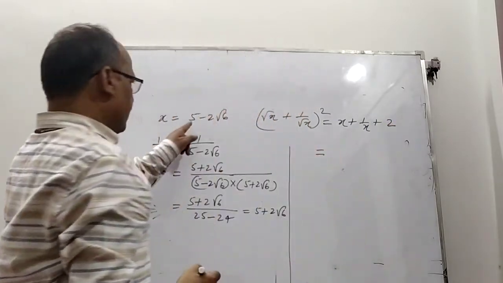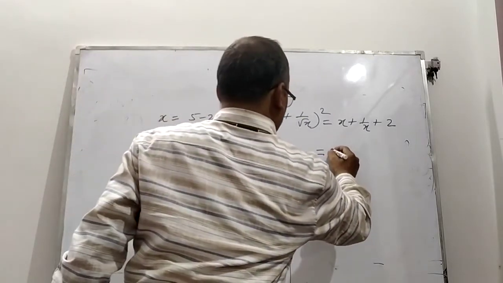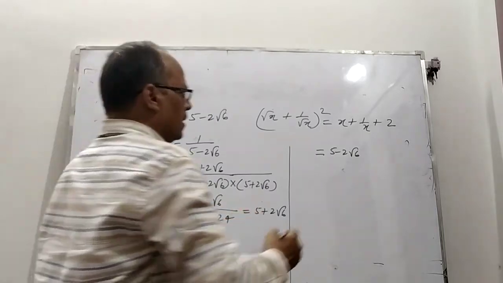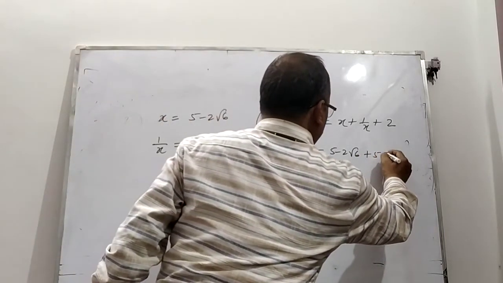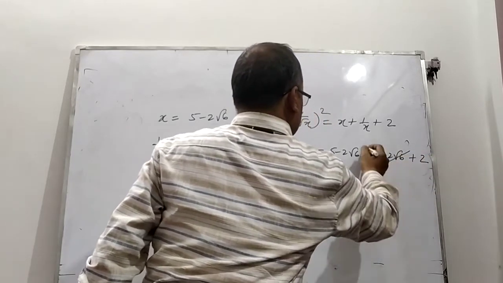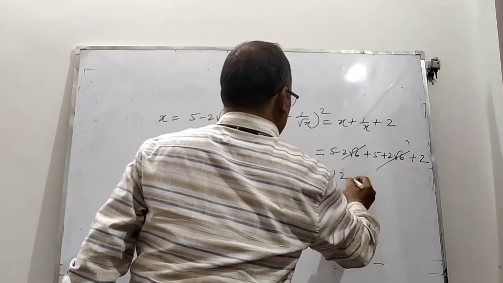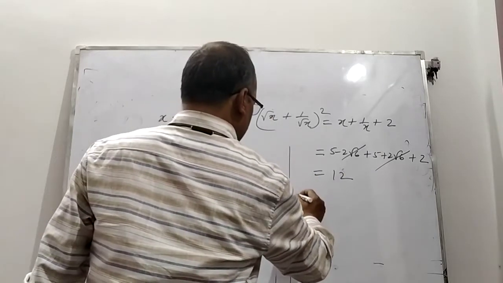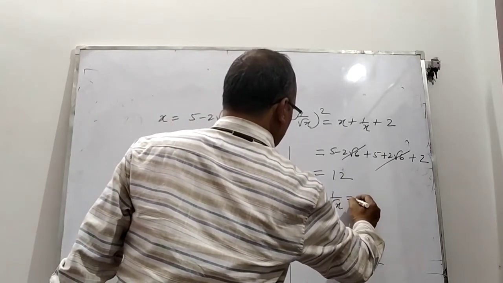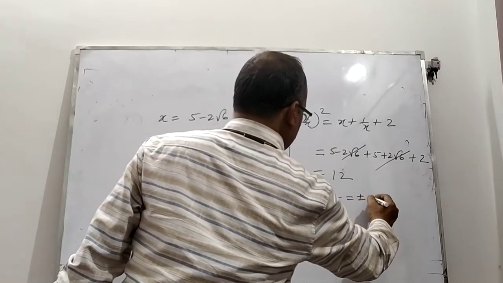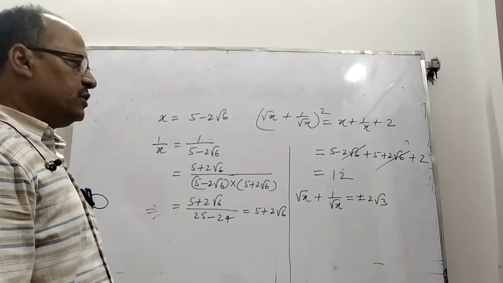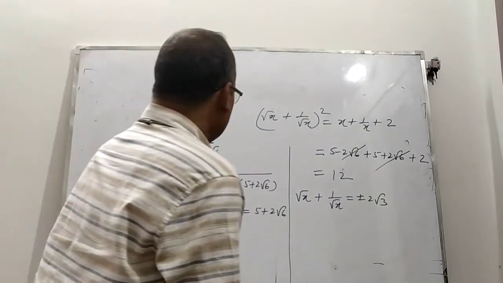What is the value of x? 5 minus 2 root 6, plus 1 upon x, 5 plus 2 root 6, plus 2. This and this cancel, 10, 12. Then we can write under root x plus 1 upon under root x equal to plus minus 2 root 3. This is clear? Okay.